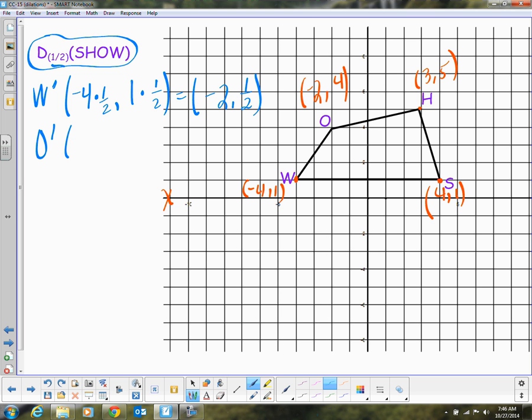There's my scale factor. Half, comma. All right, and that's going to give you -1, comma 2. Am I showing my work? Will you show your work? If you want credit.